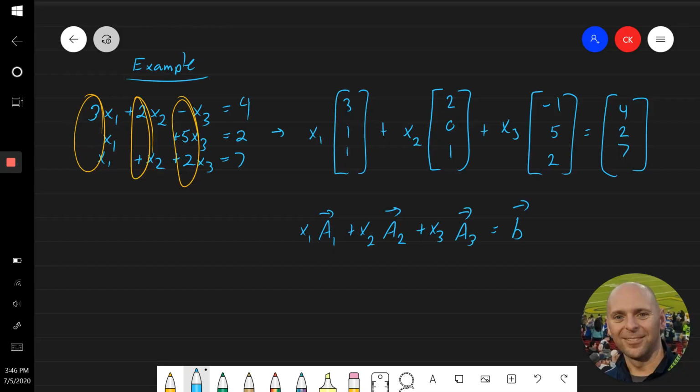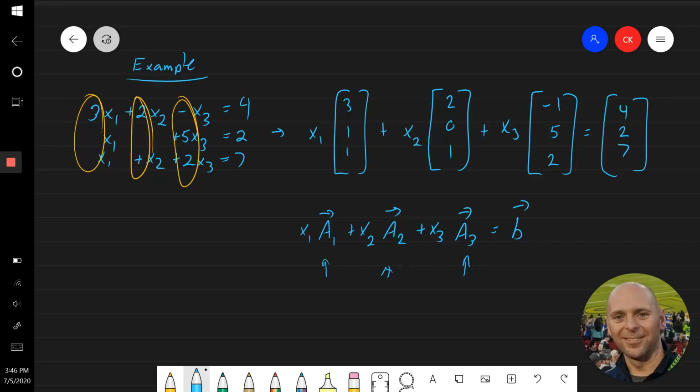So this implies that any solution to the system of equations would have to be a combination of scalar multiples of the three column vectors a1, a2, and a3. So that's just yet another way we can think about this as a system of equations and represent it. We don't really use this representation all that much, but it's just a different way to think about it.